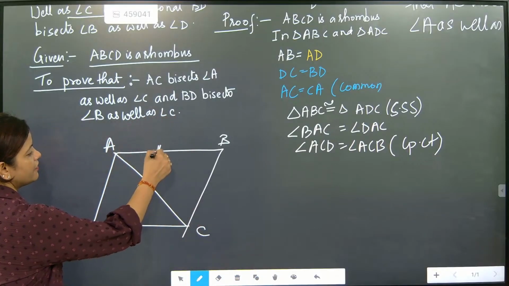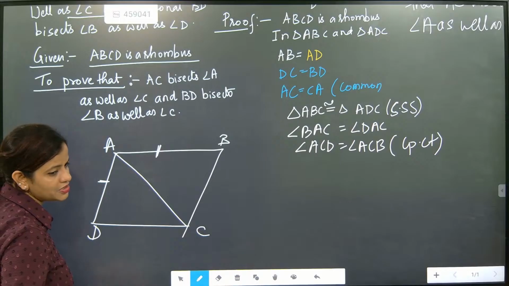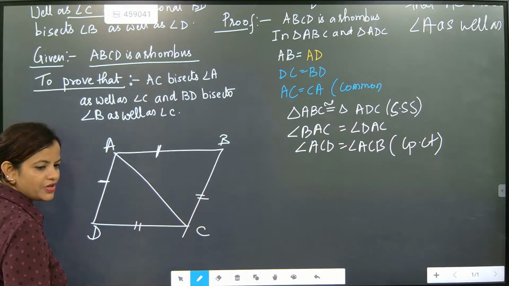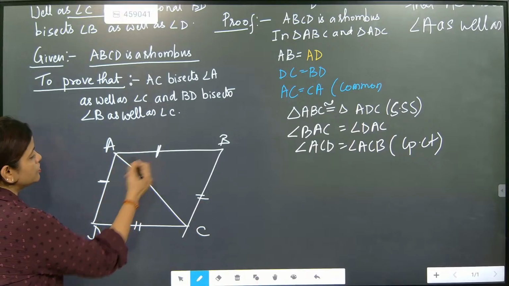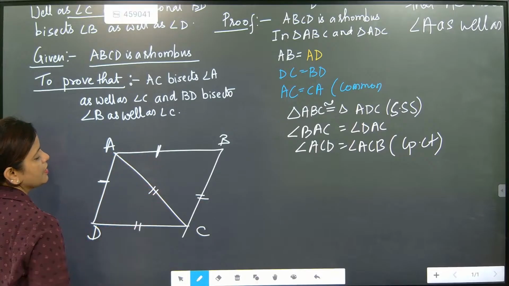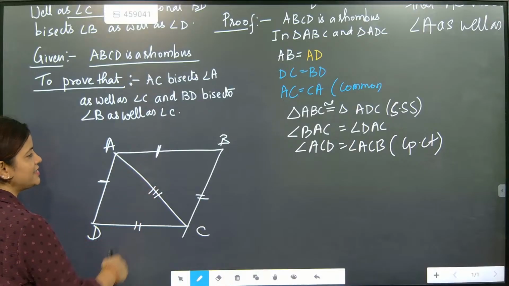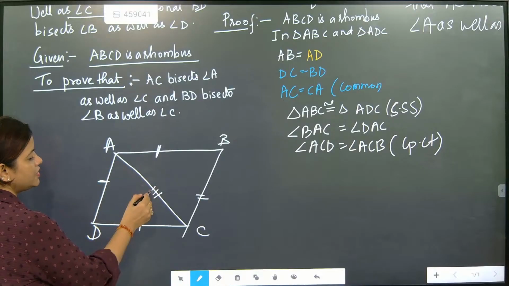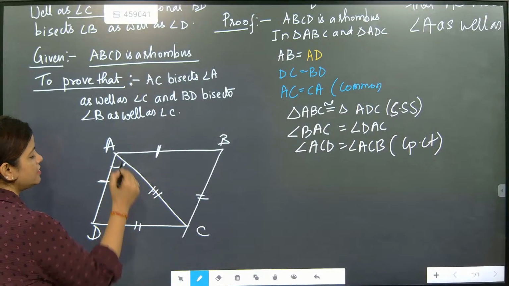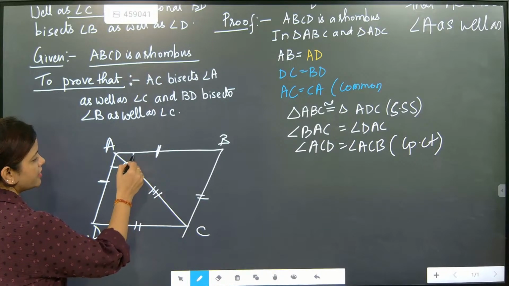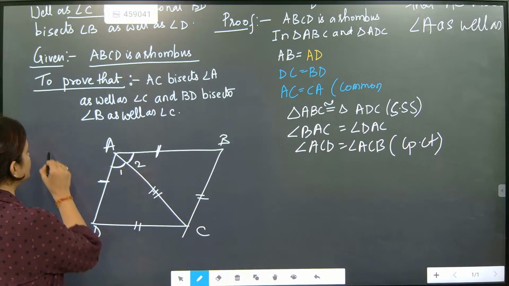Then this side will be equal to this side. Actually in a rhombus all sides are equal, so this side is equal to this side. We can take it for proof. This side is coming common. So that means these two triangles become congruent by SSS. Now angle 1 and angle 3 are taking this angle, that means angle 1 is equal to angle 2.